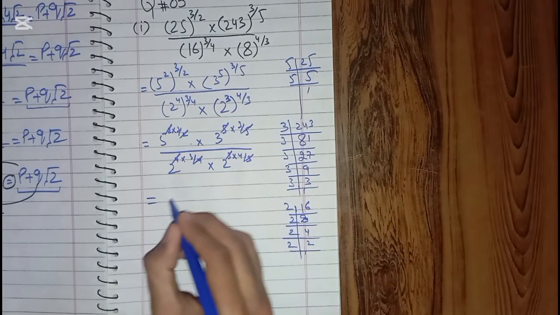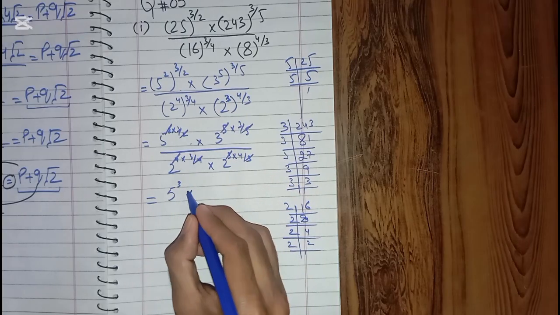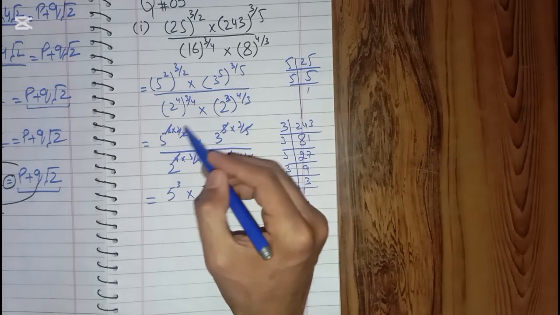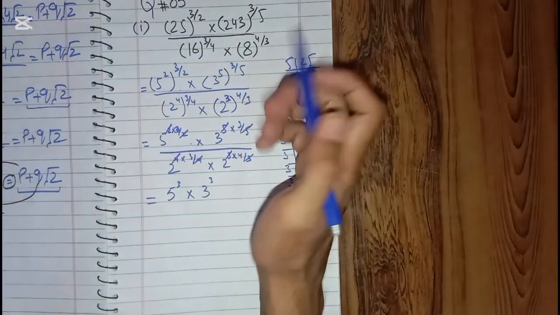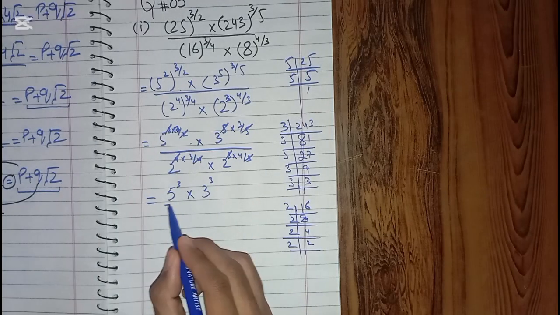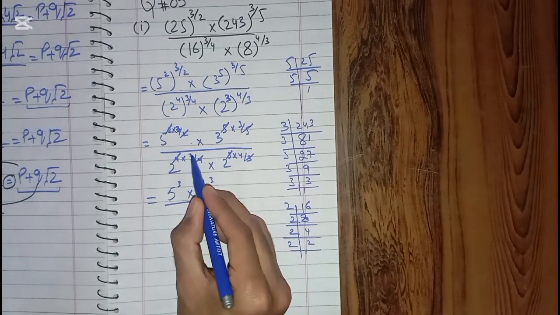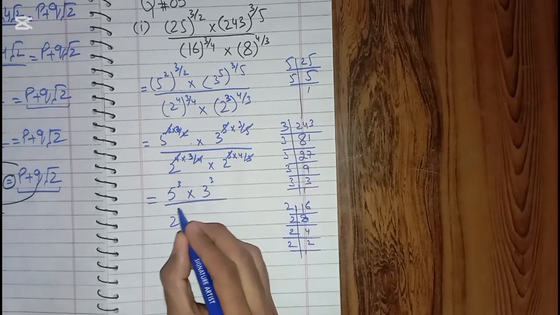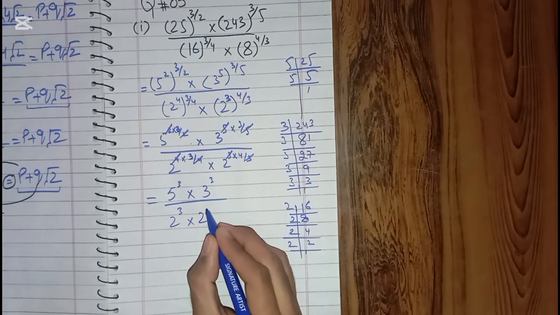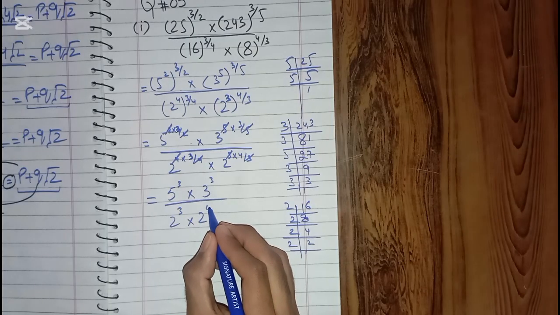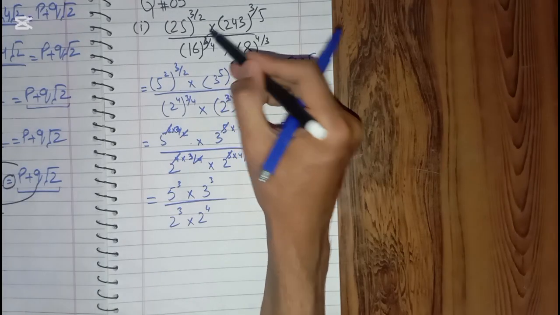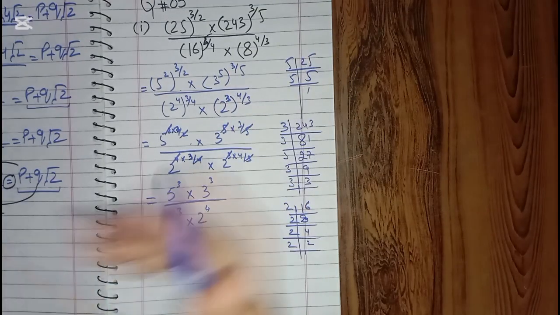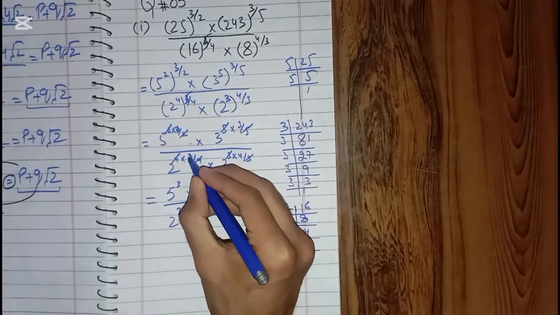So you only get 5 power 3 multiply 3 power 3. Basically these threes are the powers of the original question, so these threes cannot be cancelled out. This is 2 power 3 and this is 2 power 4. Sorry, this is 5, so you replace it with 5.